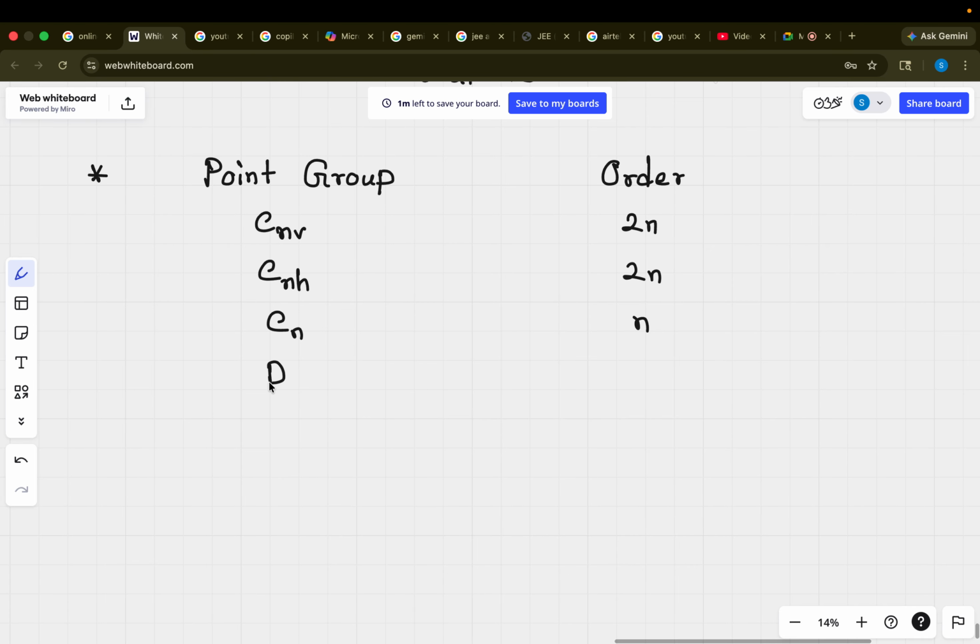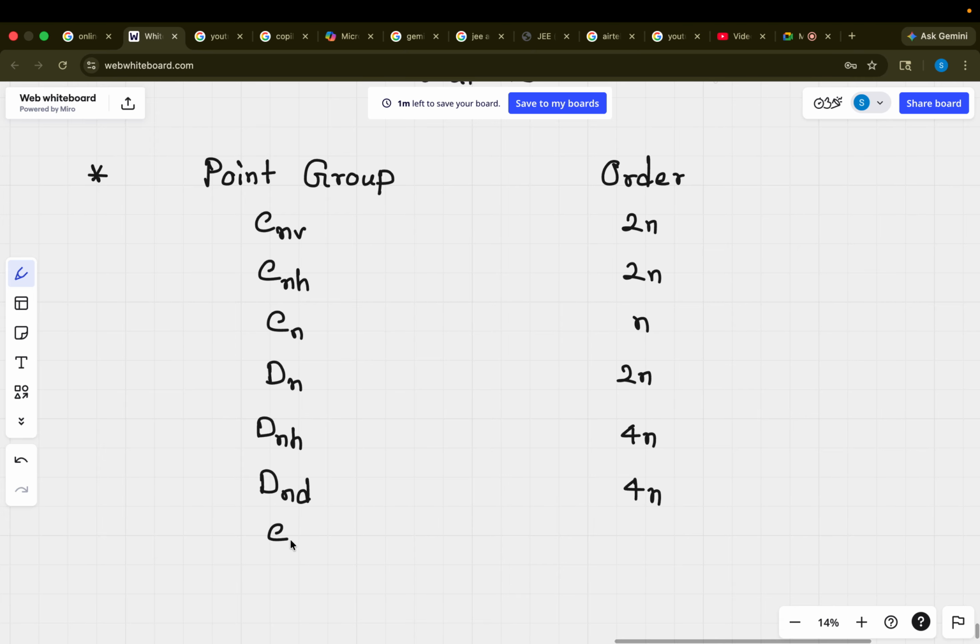Suppose you have a Dn point group, it will be 2n. Suppose you have a Dnh point group, at that time it will be 4n. Suppose you have a Dnd point group, at that time also the order will be 4n.